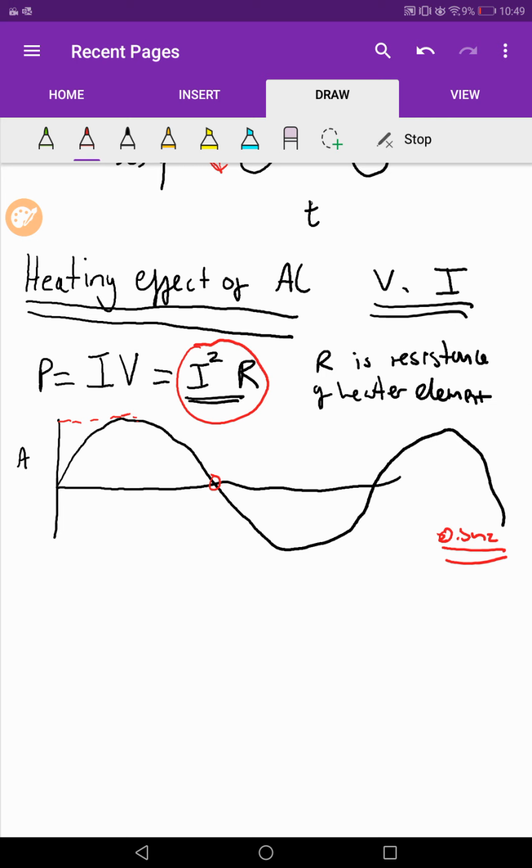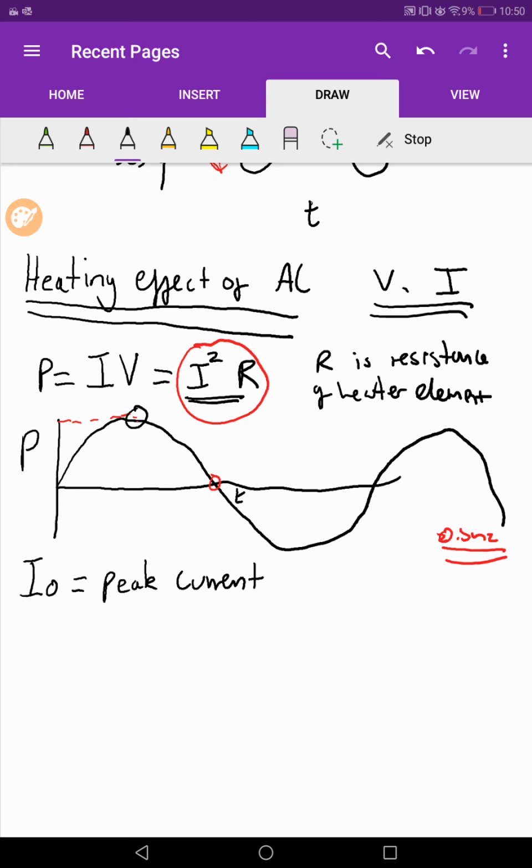Where if this is the power and this is the time. So let's denote I naught as the peak current. So if we say I naught is the peak current, which would be the current at the top here. So I naught would be the peak current.